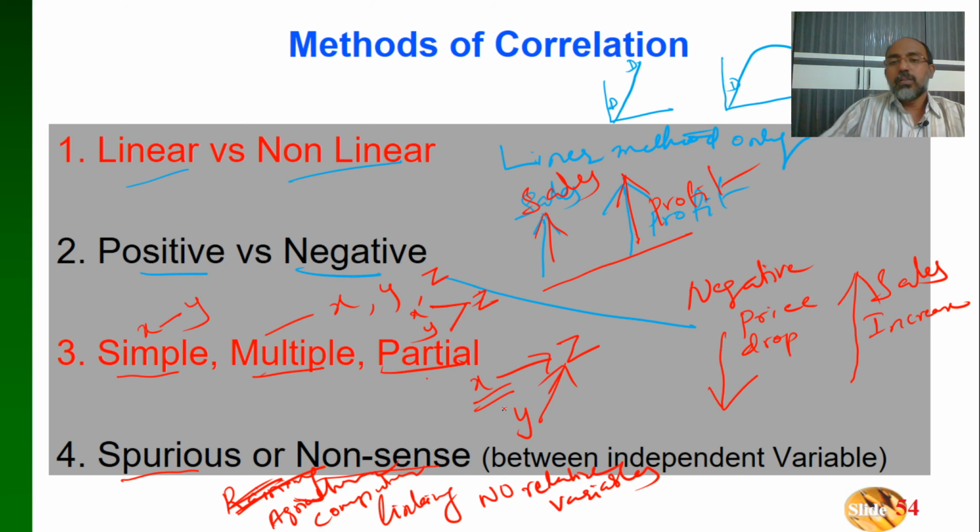So a relation must exist between the variables which are interrelated or interconnected. You cannot join independent variables, that is a different matter.